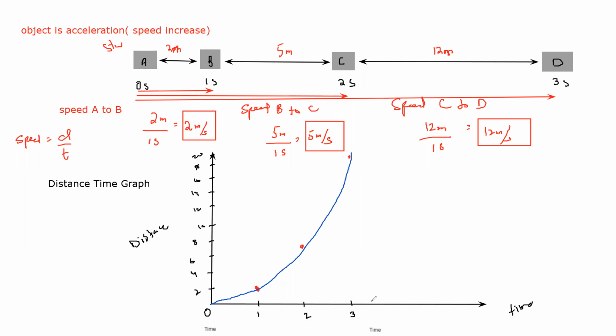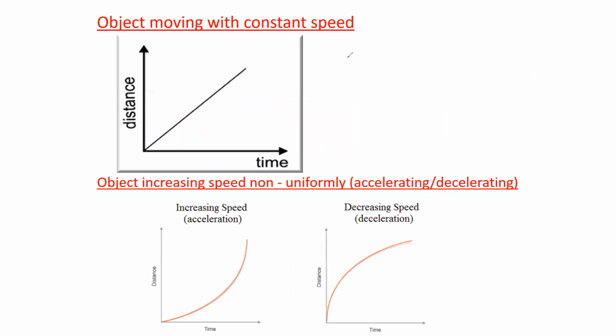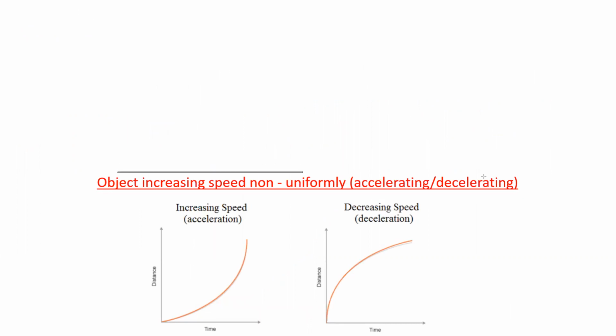And the last case, when the object is decelerating. The term decelerating means the speed is decreasing. So when the speed decreases, we call that a deceleration.